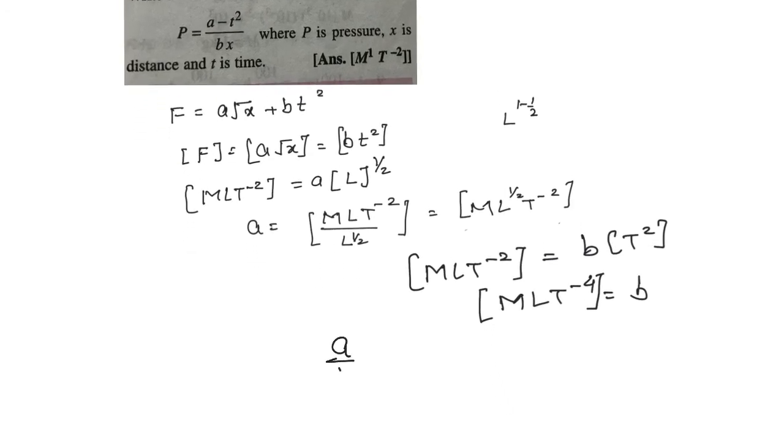So when you divide a by b, what you will get? M L half T minus 2 upon M L T minus 4. It will cancel. So what you will get, class? It will be L minus half and T 2.